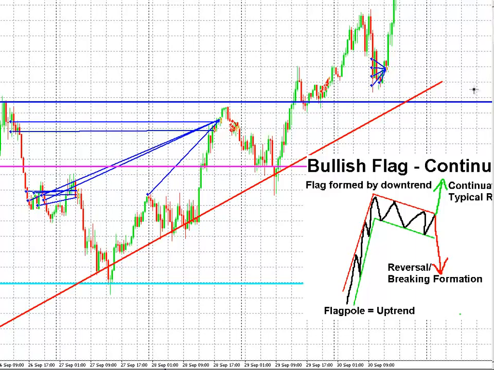So you may see these flags forming in your uptrend, because if you think about it, this is a flag, and then it goes back up, and then this is another flag, and then it goes back up, and then it forms a bigger flag, and then it keeps going. So you have a flagpole here like that. First flag consolidates, and these are 30-minute charts, so this is about half a day.